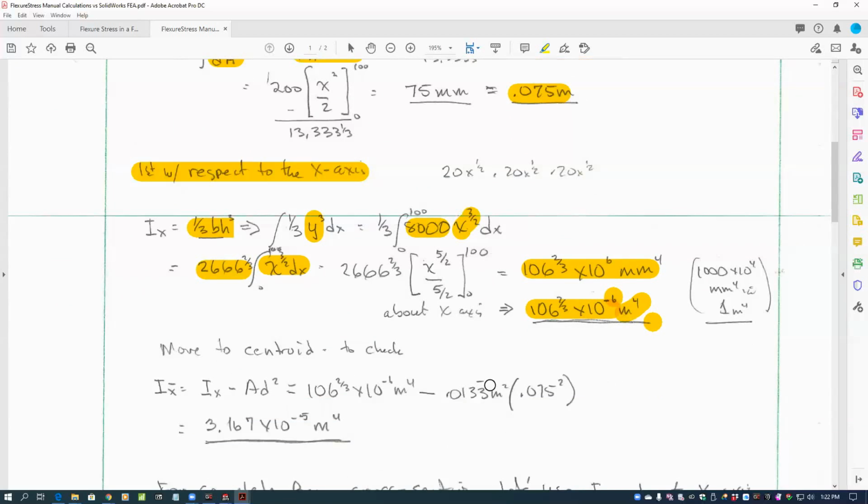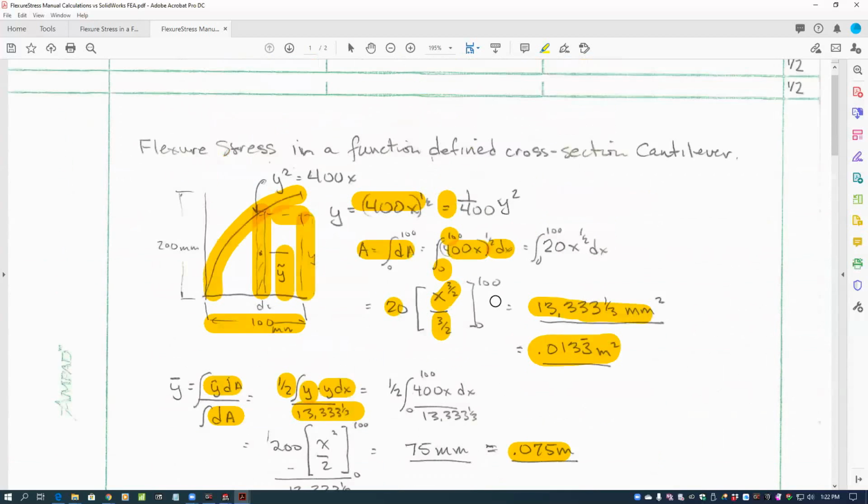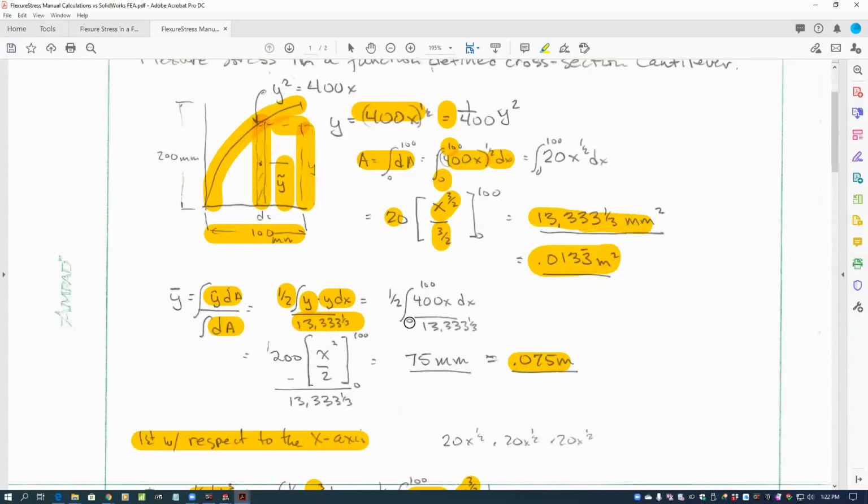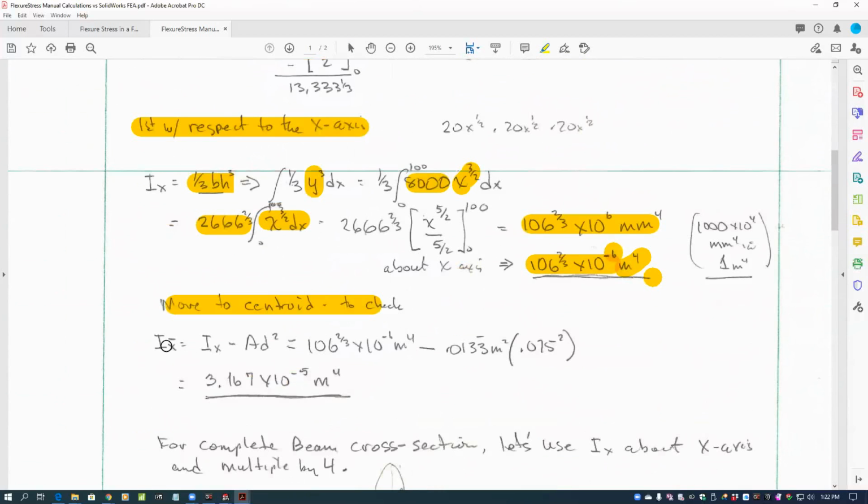And just for checking in SolidWorks, if we wanted to move it to the centroid, since SolidWorks, the default calculation for centroids is always with respect to the centroidal axis. So if we wanted to just calculate our function of just this portion of our cantilever, we could move it to the centroidal axis by using this parallel axis theorem in reverse, essentially, because it's this value plus this value gives us the moment of inertia with respect to the x-axis.